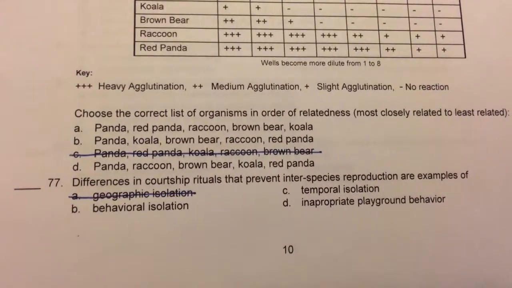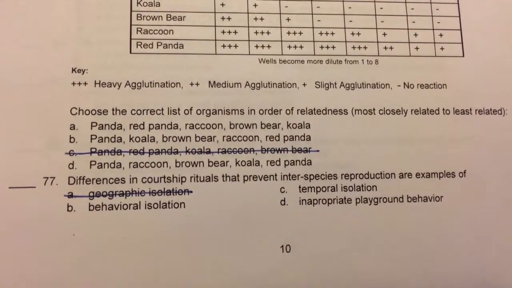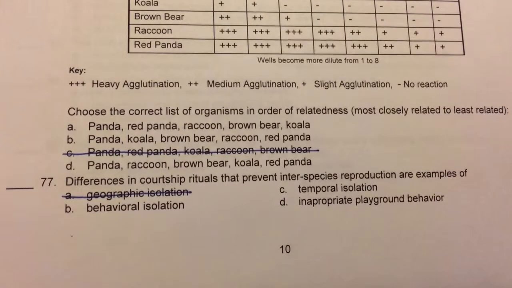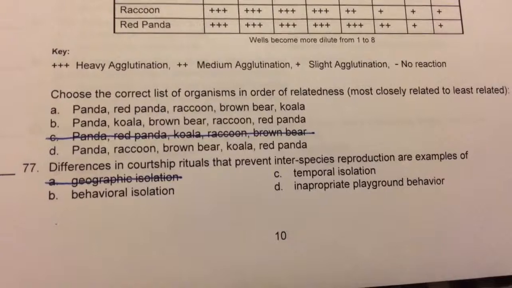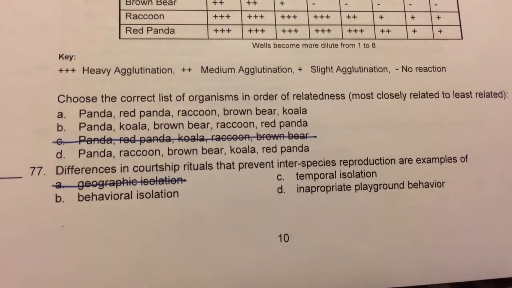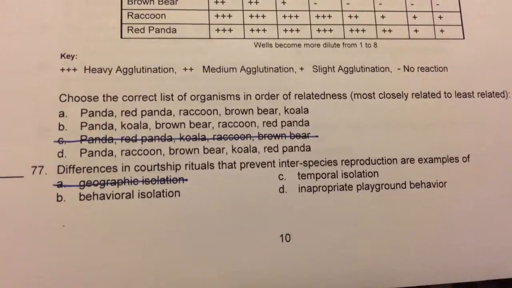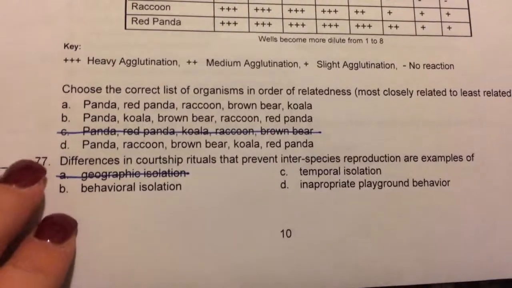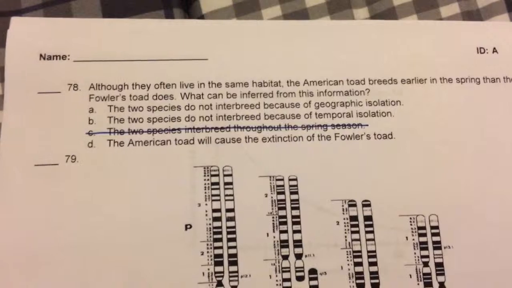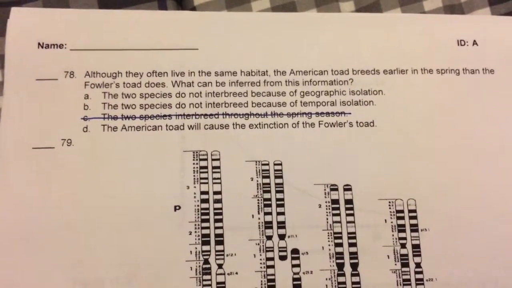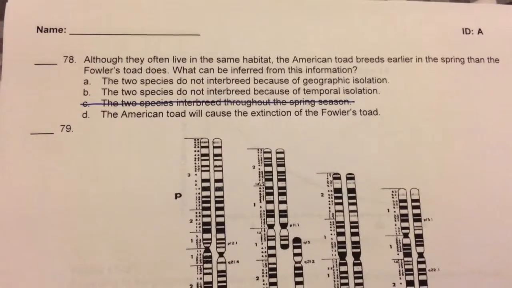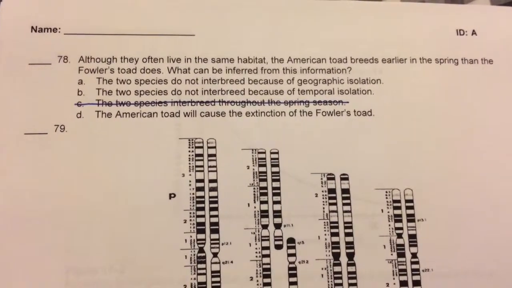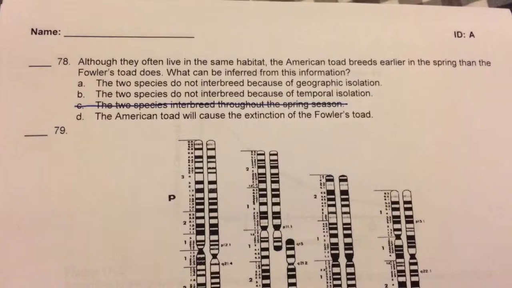Number 77, differences in courtship rituals that prevent interspecies reproduction are examples of behavioral isolation, temporal isolation, or inappropriate playground behavior. Number 78. Although they often live in the same habitat, the American toad breeds earlier in the spring than the Fowler's toad does.